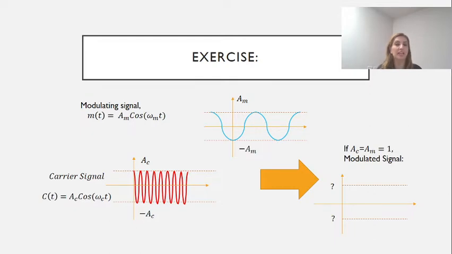We are not looking at AM. The tip is to start drawing your envelope as a dash line on your modulated signal, and then follow that pattern for your carrier signal, which is going to be modified to become the modulated signal.